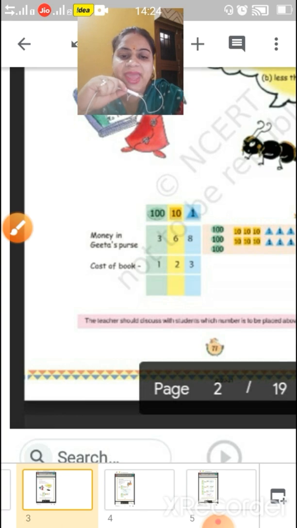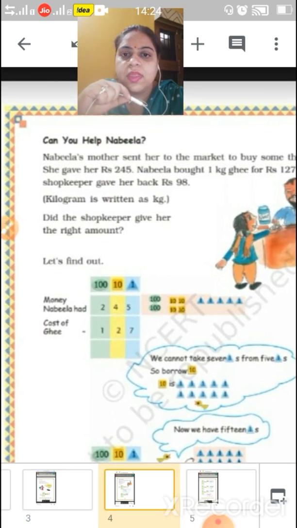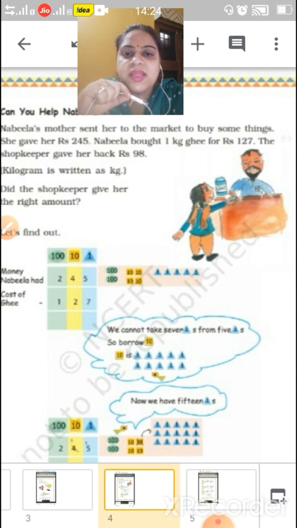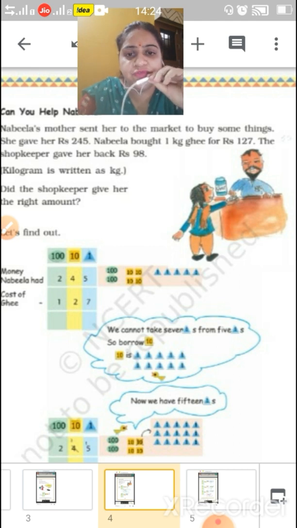Now come to the next. Nabila's mother sent her to the market to buy some things. She gave her rupees 245. Nabila bought 1 kg ghee for rupees 127. The shopkeeper gave her back rupees 98.